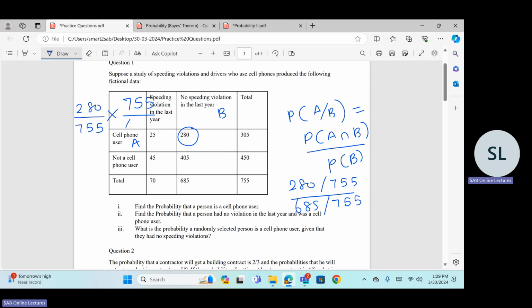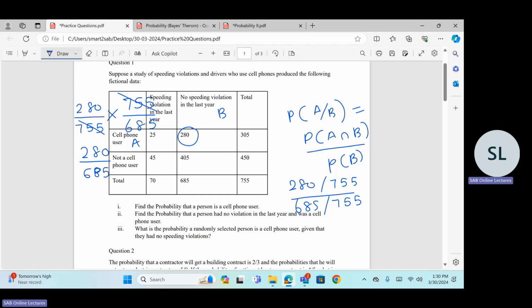Then these values are cancelled. What is the final answer? 280 over 685. Understood? Using the formula, this way we can calculate the conditional probability, or you can use the contingency table.